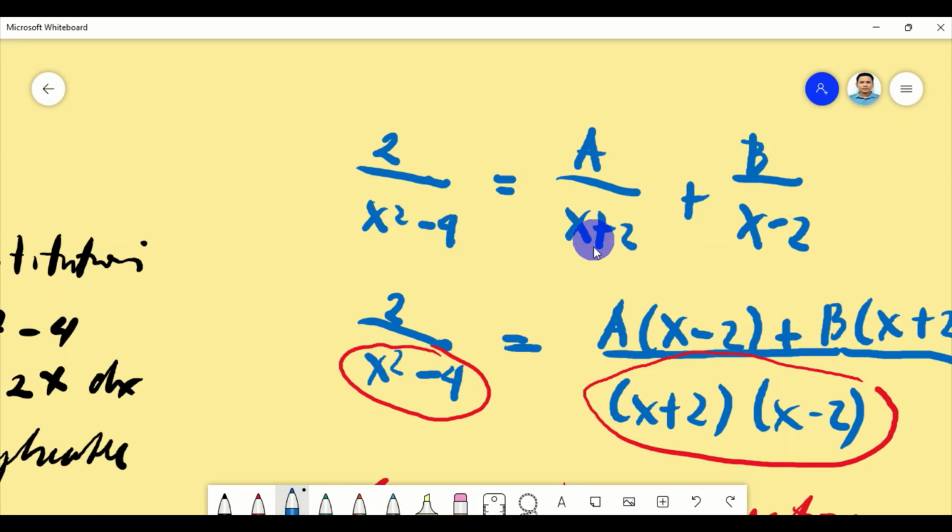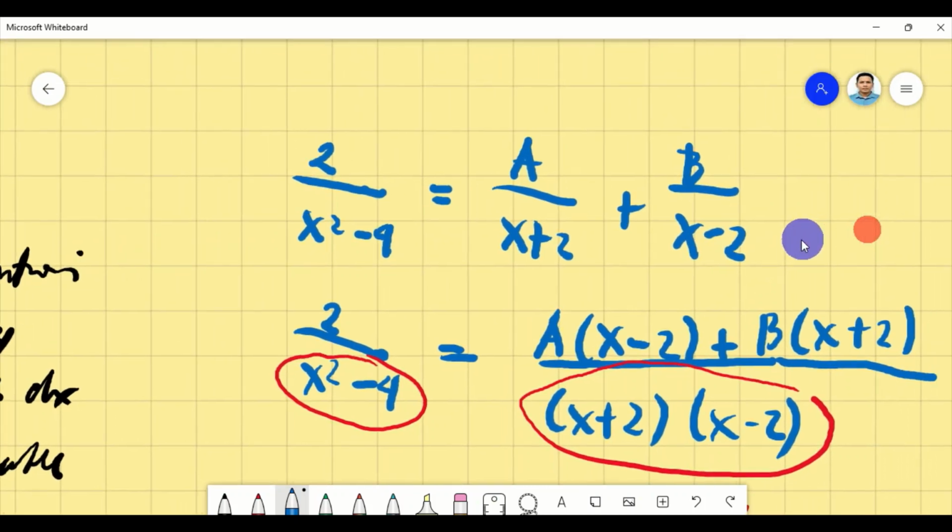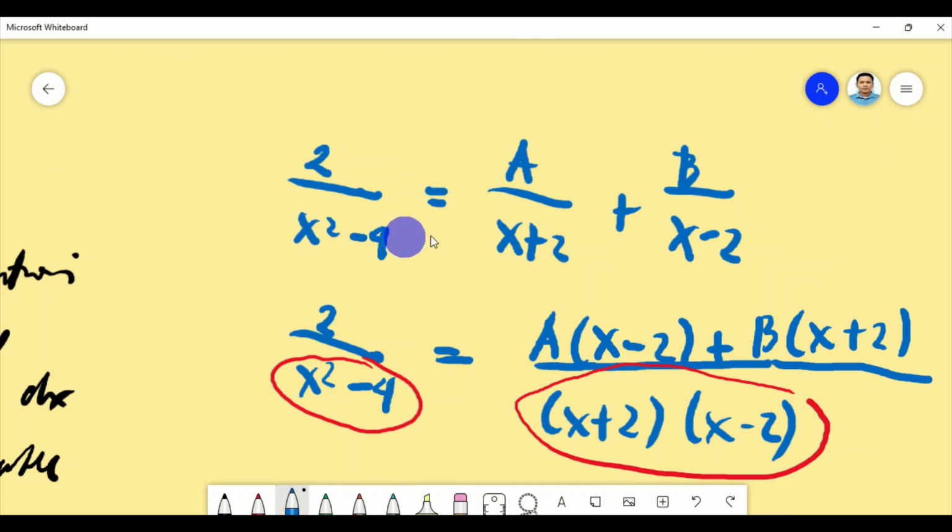So the first factor will be the denominator of our first rational expression, and your second factor will be the denominator of our second rational expression. So we'll be having 2 over x squared minus 4 equal to a over x plus 2 plus b over x minus 2.